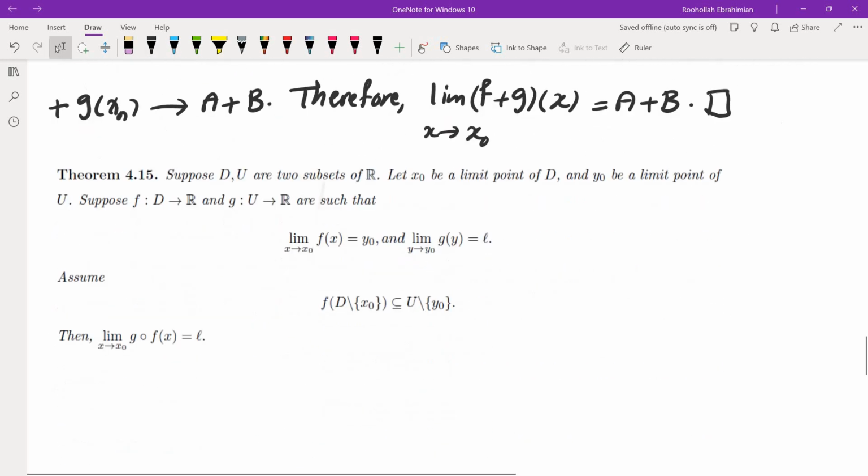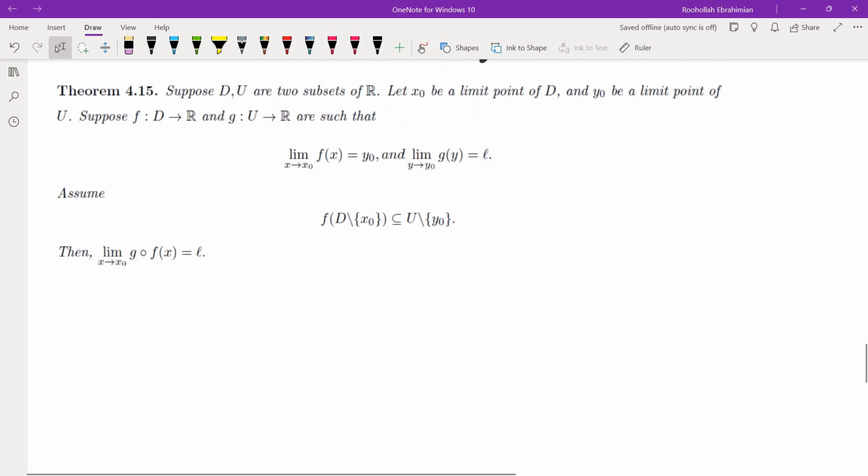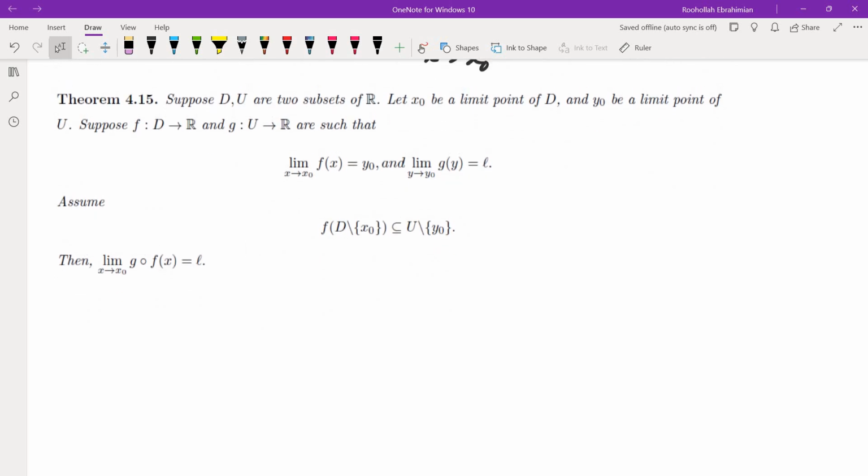Okay, so next we're going to talk about theorem 4.11, which is about the composition of two functions. So what happens if you want to find the limit of the composition of two functions? Suppose D and U are two subsets of R. Let x naught be a limit point of D. So we have a set D, and x naught is a limit point of that.